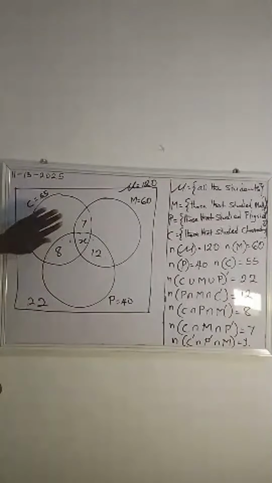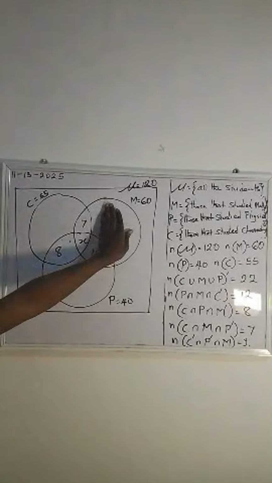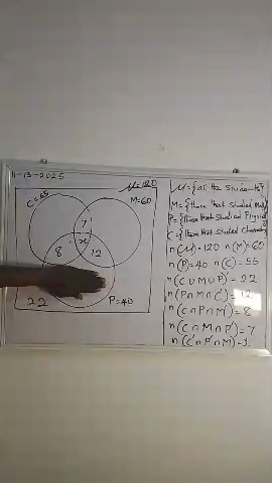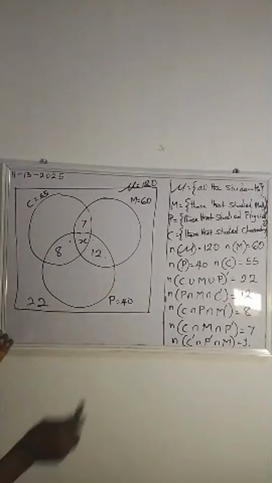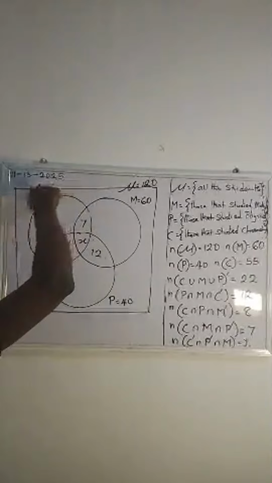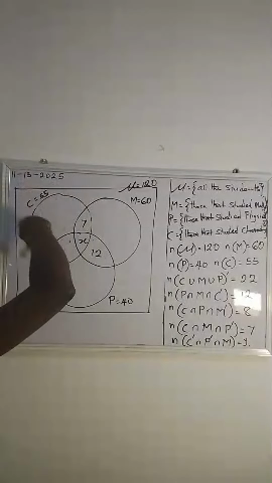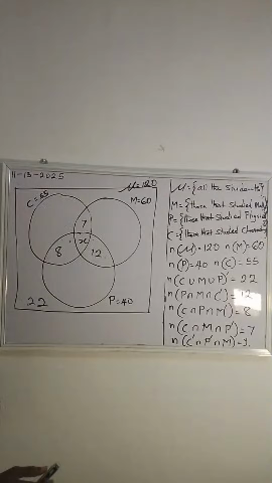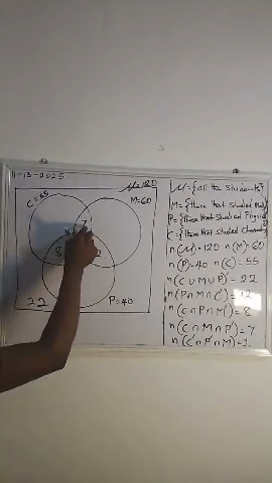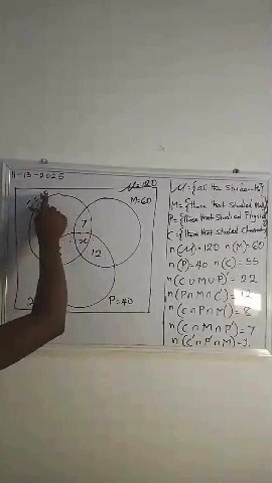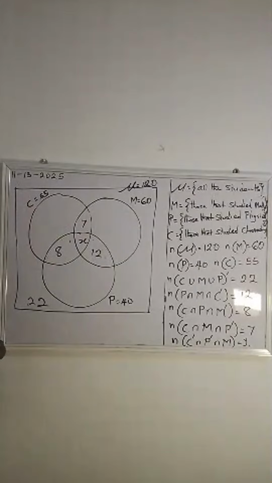Now the next thing is to find the number of those that study chemistry only, those that study mathematics only, and those that study physics only. Don't forget, we said that everything inside the chemistry circle should not be more than 55. So we remove 7, x, and 8 from 55, and what is left is the number of those that study chemistry only.